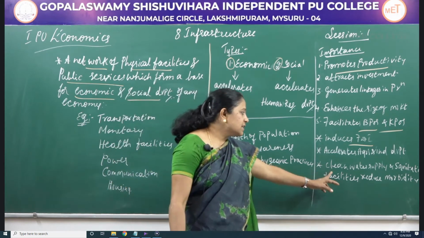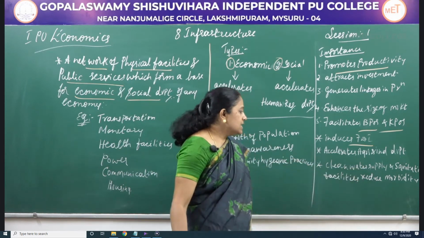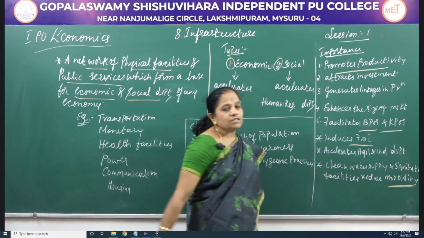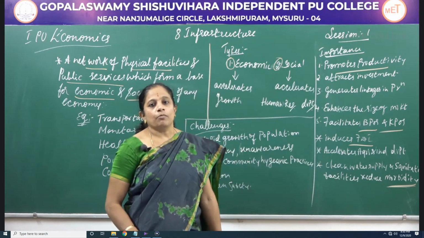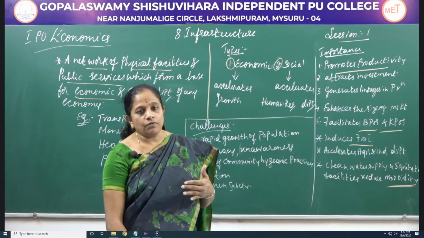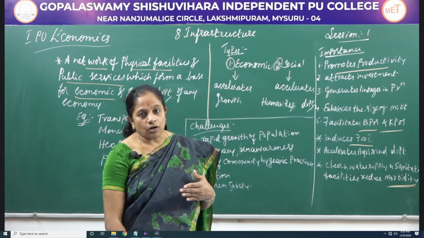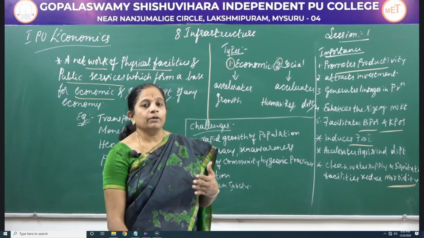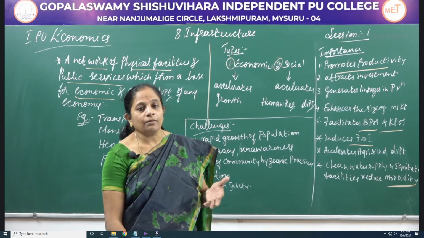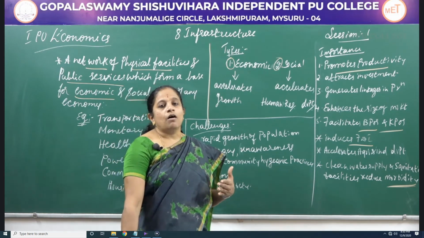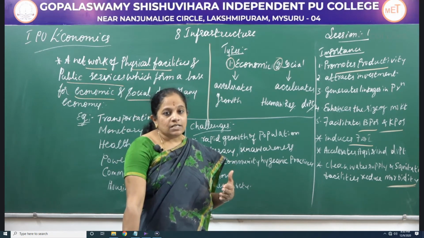The next one is that clean water supply and sanitation facilities reduce morbidity. What is meant by morbidity? Morbidity is nothing but proneness to illness because of contaminated water. Waterborne diseases are being generated, and because of contamination of the air, airborne diseases are being generated, and people are suffering because of all these.